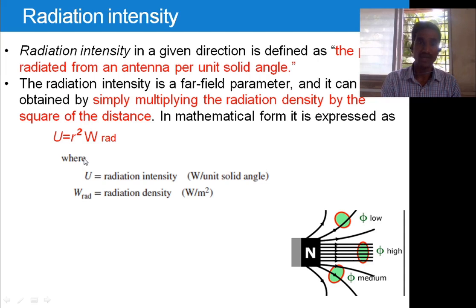And R is the distance, at what distance these lines are still present. If the density is still present as the distance increases, and it still maintains that radiation density, that means this antenna is a high intensity antenna.